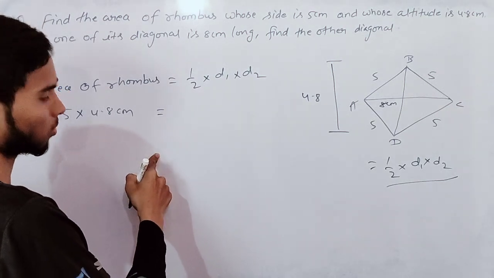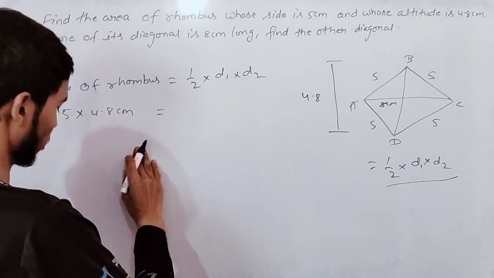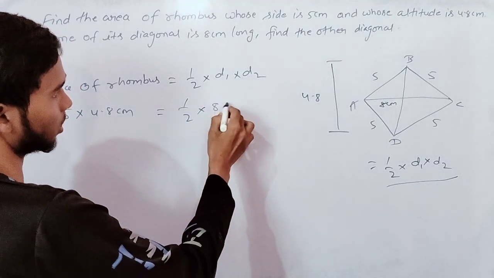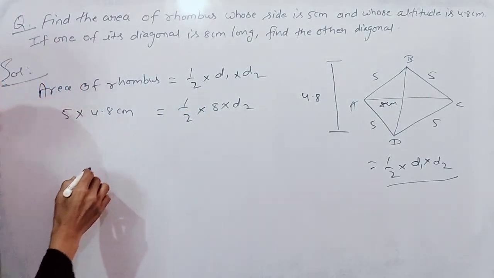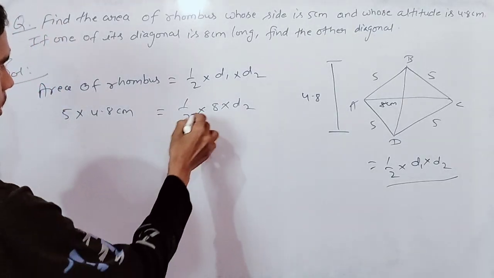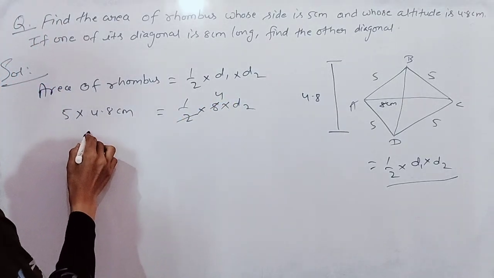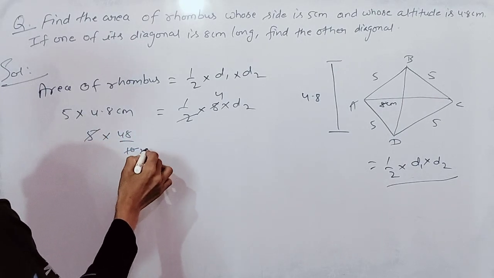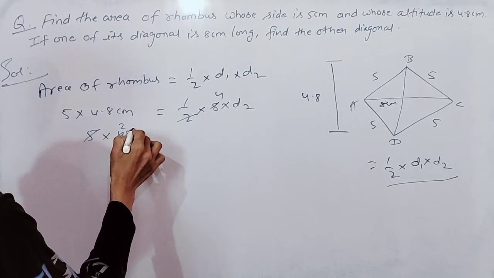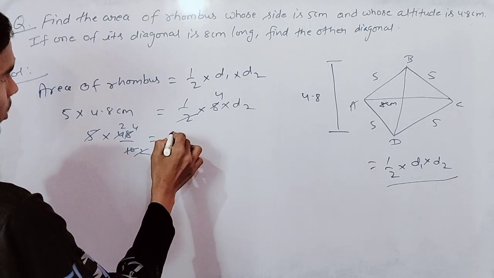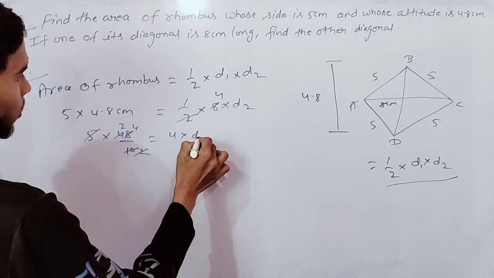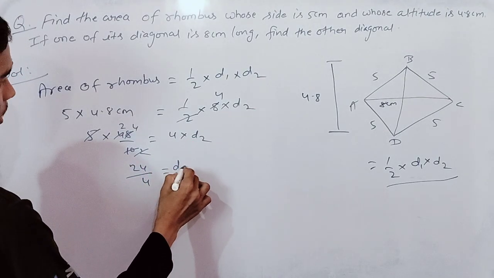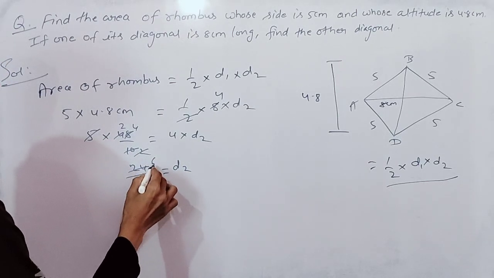Now here, 1 upon 2, one diagonal is how much? 8 centimeter. We don't know the second diagonal. 2 fours are 8. 5 multiplied by 48 upon 10. 5 twos are 10, 2 twos are 4, 4 twos are 8. 4 and d2. 24 upon 4 is equal to d2. 4 sixes are 24.